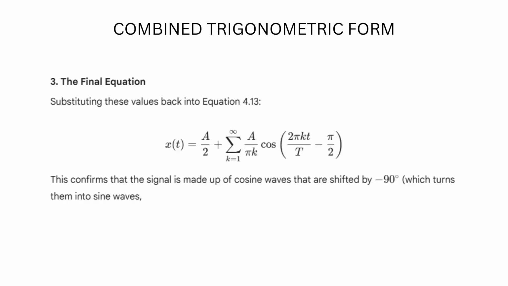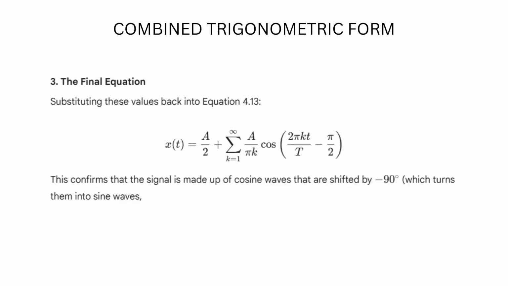So for the final equation, substituting these values back into the previous equation, x of t equals a over 2 plus the summation from k equals 1 to infinity of a over pi k cosine of 2 pi k t over T minus pi over 2.